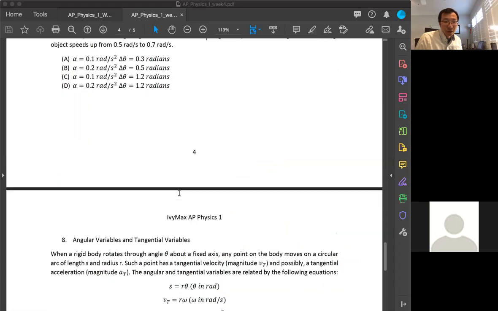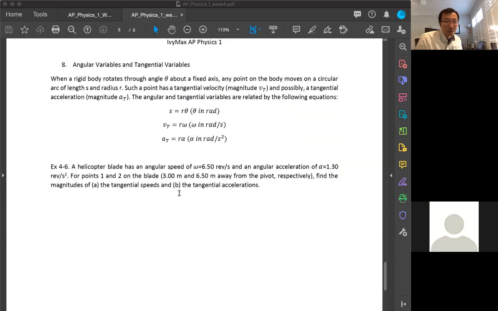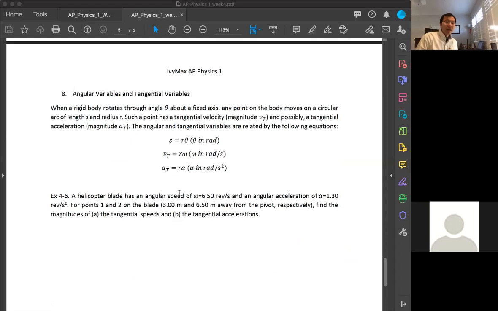Let's keep moving. This will be the last part here: angular variables and tangential velocity variables. You might need some time to find the connection between the tangential speed and your angular speed. Most likely you're going to use the last two, but they are actually derived from the first one.